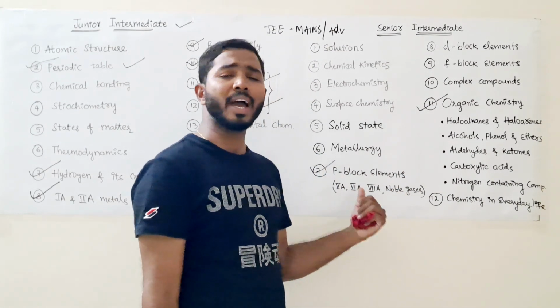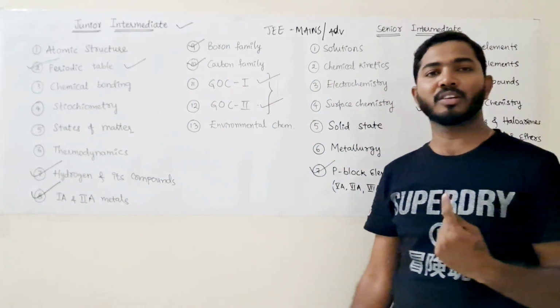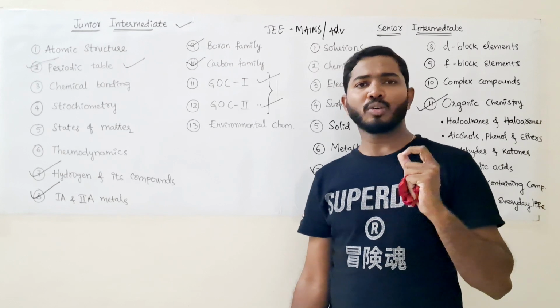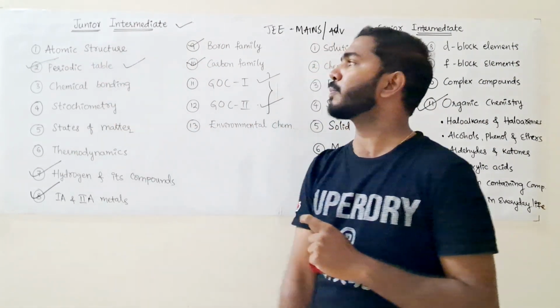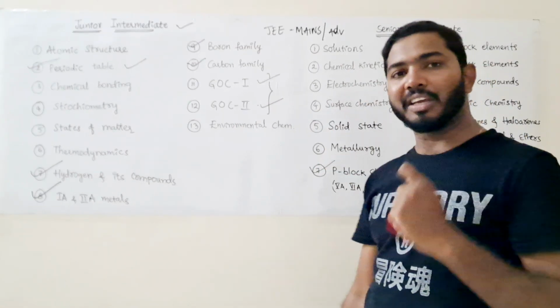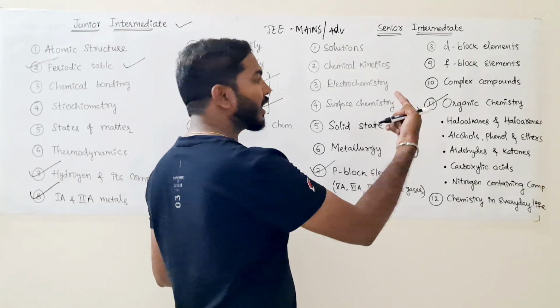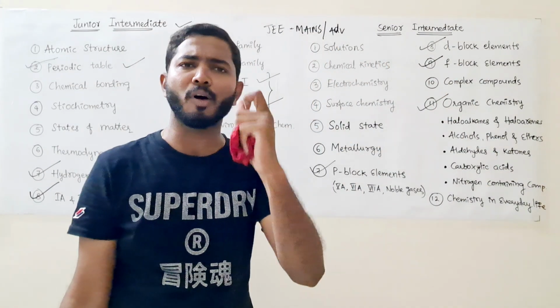Very important, high weightage for the second year P block elements in JEE Mains and JEE Advanced. So yes, I'm going to give more priority to this periodic table, so that this inorganic part will become very easy. And then this inorganic also includes D and F block, which are very small chapters.